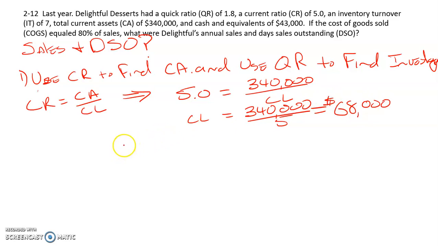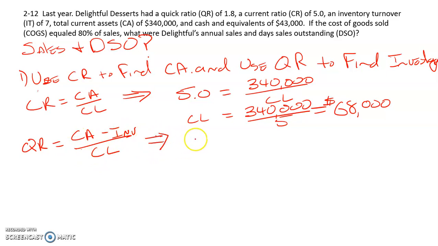So now that we know current liabilities, we can use a quick ratio and plug in what we know. So quick ratio is current assets minus inventory divided by current liabilities. So we know everything in this equation but inventory.